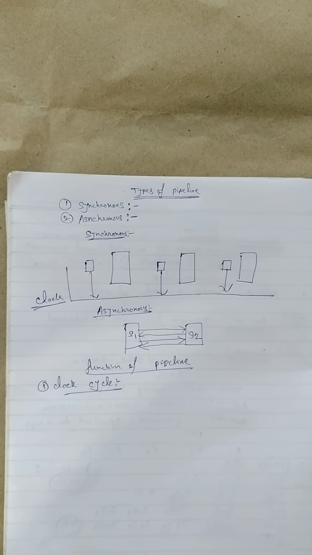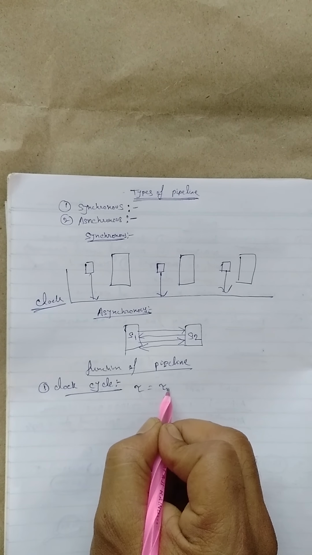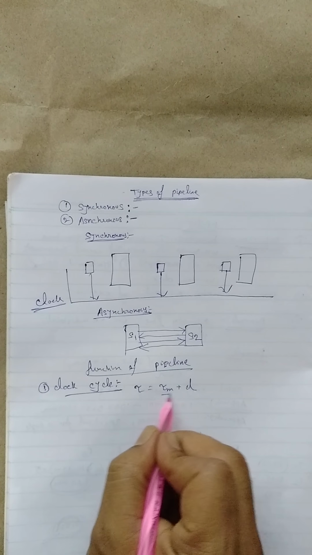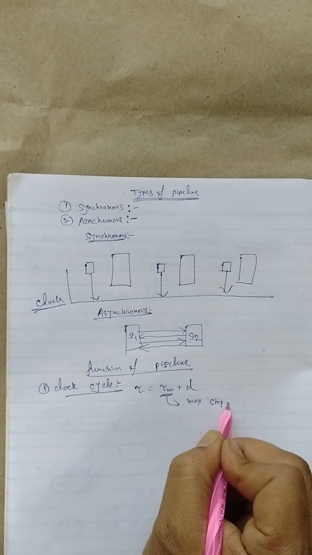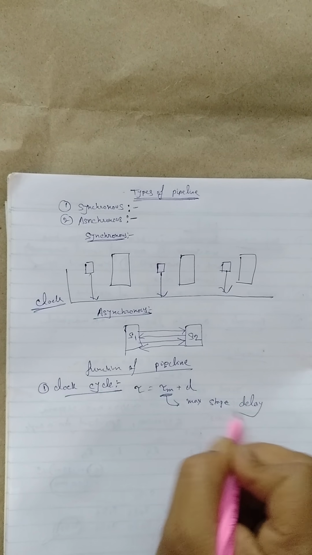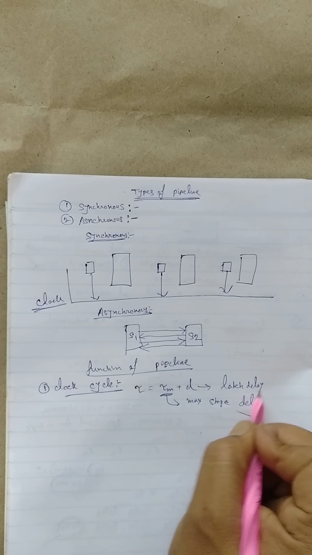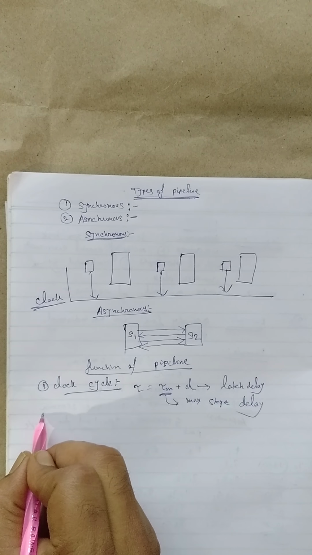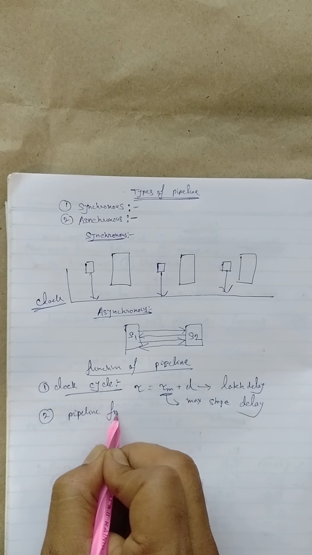That is called clock cycle. It is denoted as tau. Tau means tau m plus d, where tau m means maximum stage delay, d means latch delay. So this is the definition of clock cycle. Next we will find the pipeline frequency.